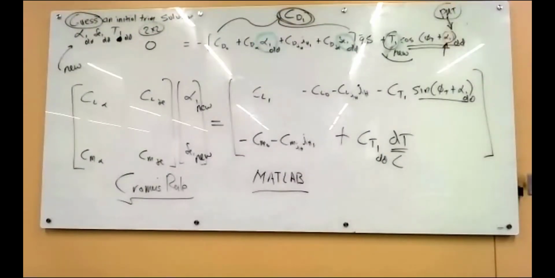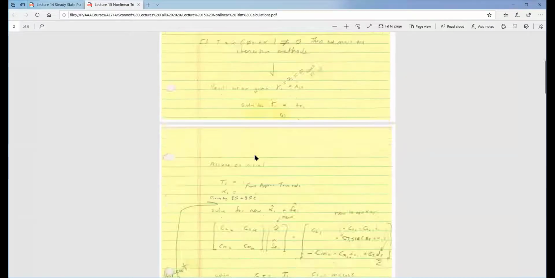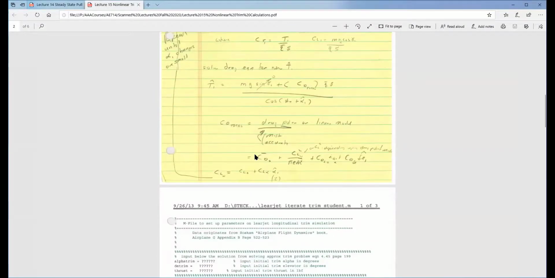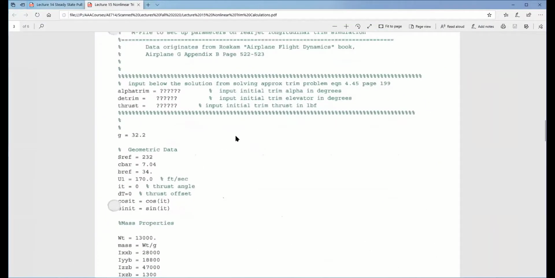I have a whole file. Because I'm not asking you to reinvent the wheel, just to add this to the code. So this code looks familiar because it's based on the code where you plugged in your numbers for the trim solution.